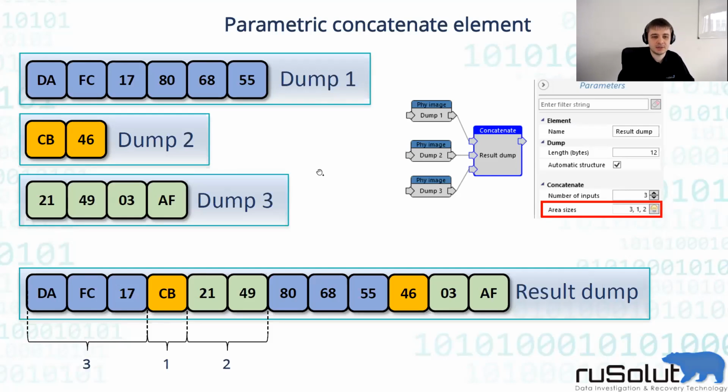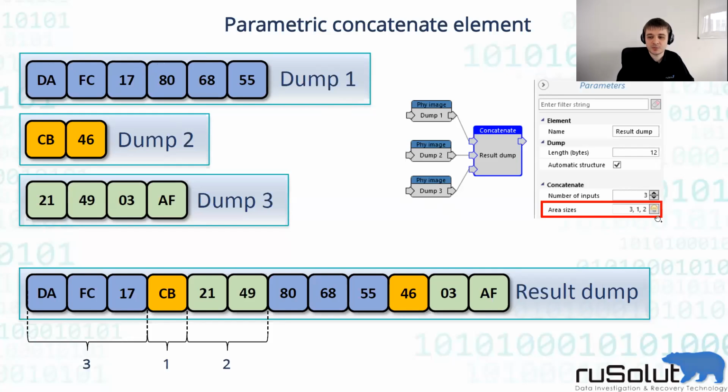And we would like to concatenate them with some periodic rule to have 3 bytes from the first dump, a single byte from the second dump, and 2 bytes from the third dump, and so on till the end of every dump. This element will allow you to do that. Just connect all 3 dumps into the 3 inputs and set the rule 3, 1, 2.